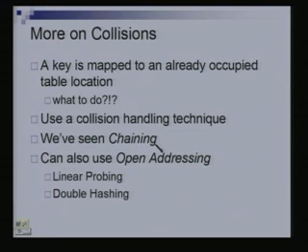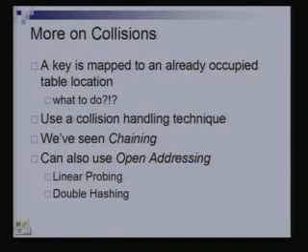If many keys go to the same location, you just chain them up, you put a linked list there, and then you can still do insert, search and delete by doing that operation in that linked list. We are going to see two other techniques today which fall under the general class of open addressing. One of these is called linear probing, the other is called double hashing, and let us see what these are.